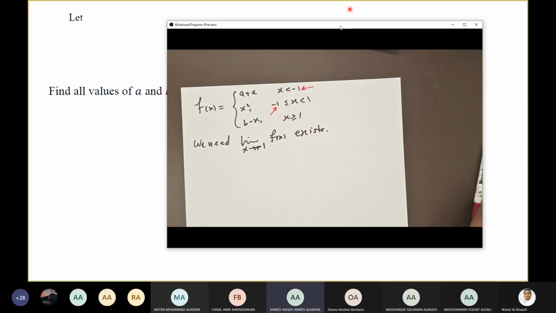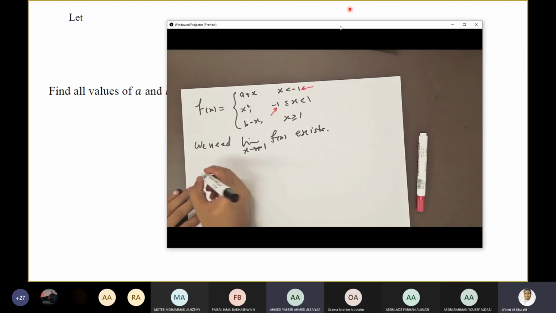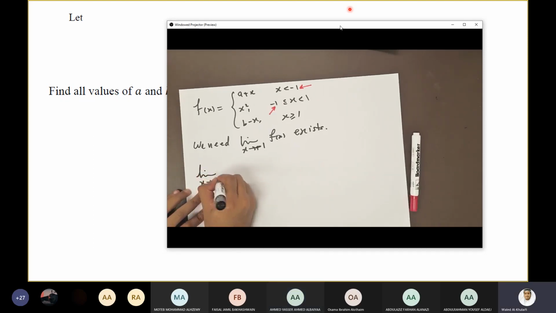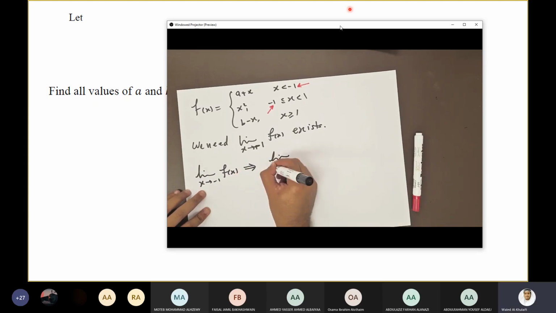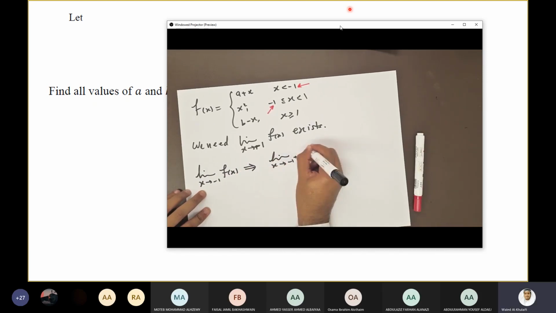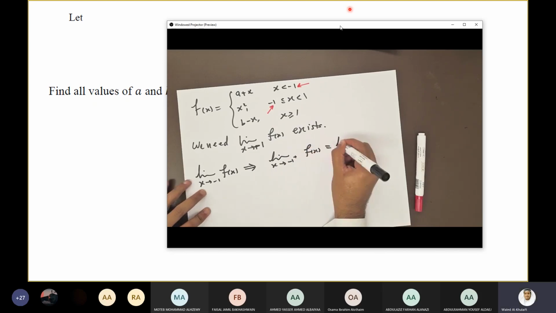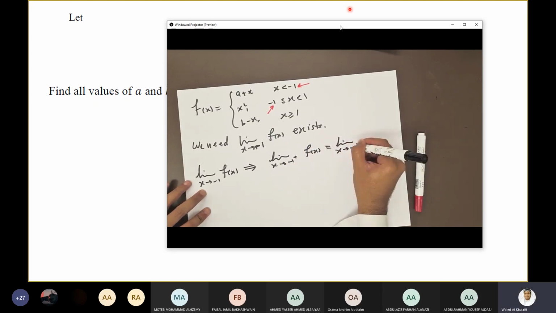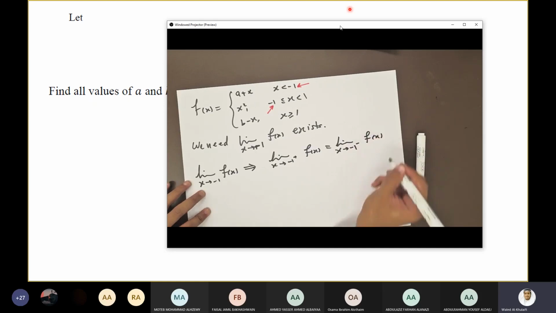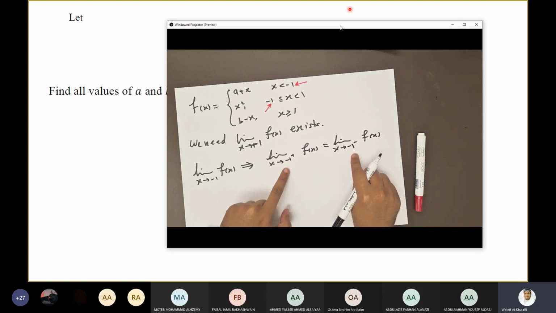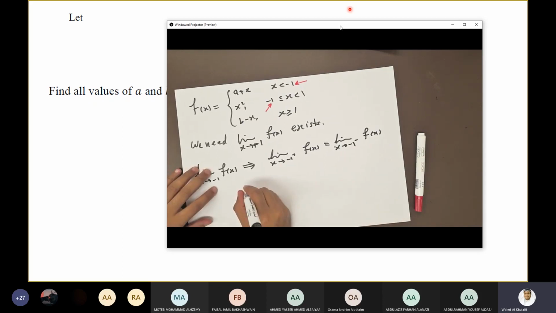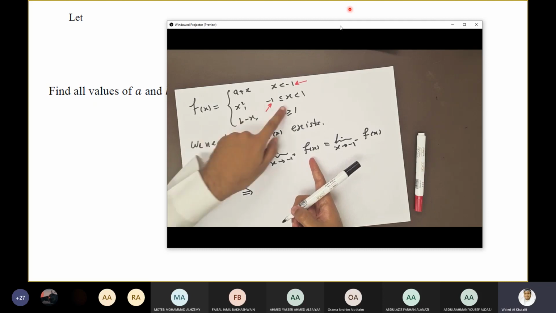We equate the first equation at -1 with the second equation at -1. It's coming from the fact that the limit exists if the limit from the right of the function is equal to the limit from the left. I know the technique you observe, that I substitute here and here and it will give me the result, which is true, but you need to know that it's coming from the fact of the right-hand limit and the left-hand limit. Okay, so from the right-hand limit, meaning I am here, right?